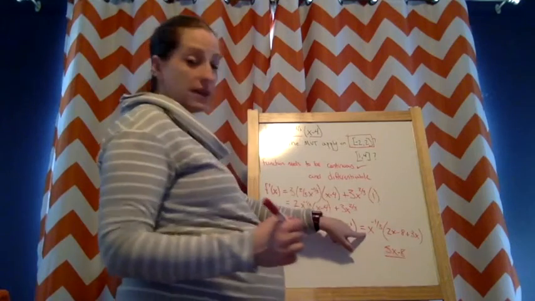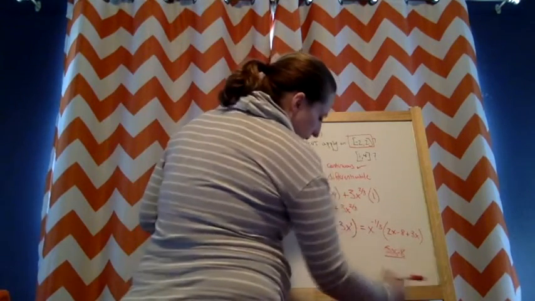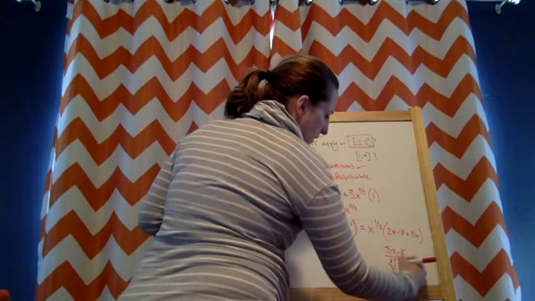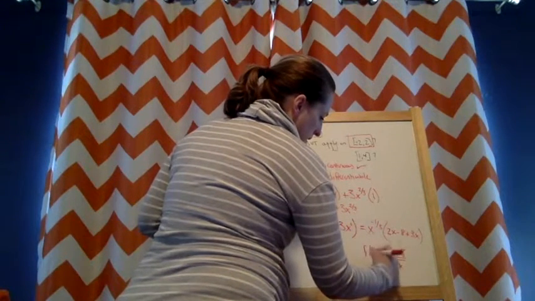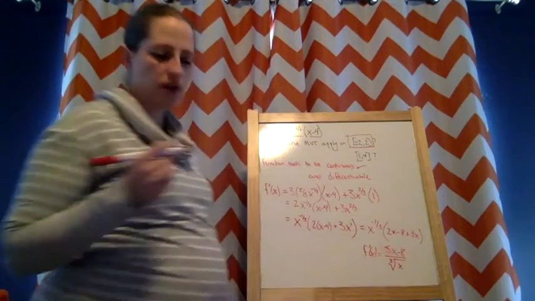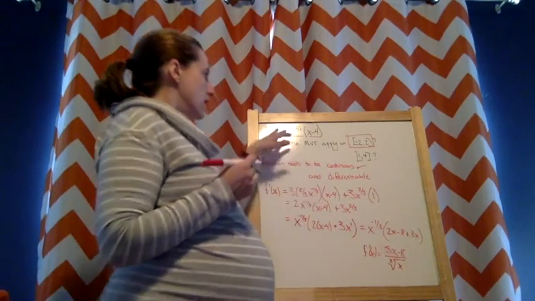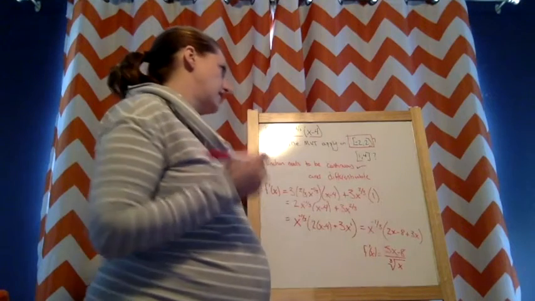I'm going to rewrite x^(-1/3), moving that 1/3 to the bottom. So that would be x^(1/3), which I can write as the cube root of x. Okay, so there's our simplified derivative. So the derivative of this simplifies down to that.